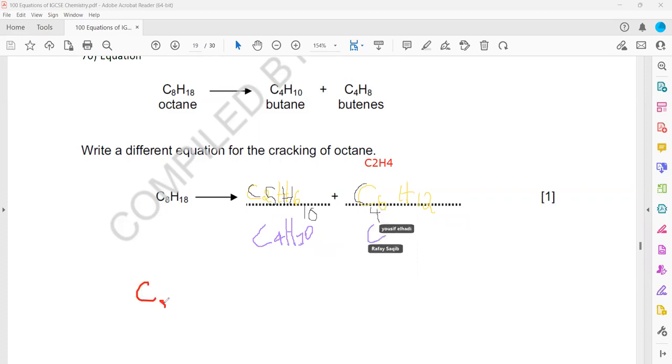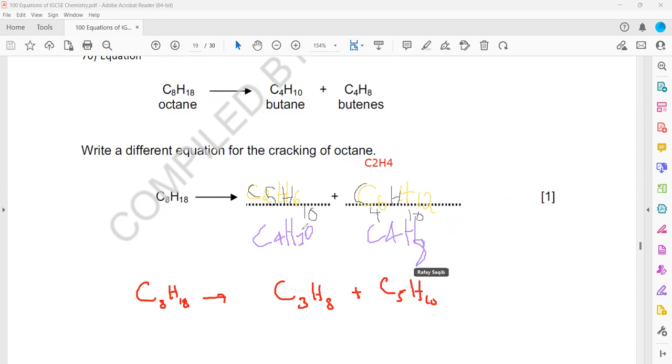Because it was C8H18, as a result, if I write C3H8 to make the alkane propane, the remaining will be C5H10. You cannot write 4 and 4, because that combination is already given, and the question is to write a different equation.